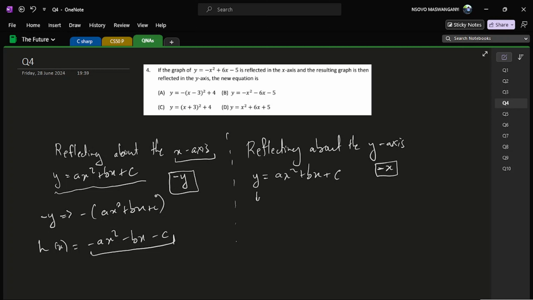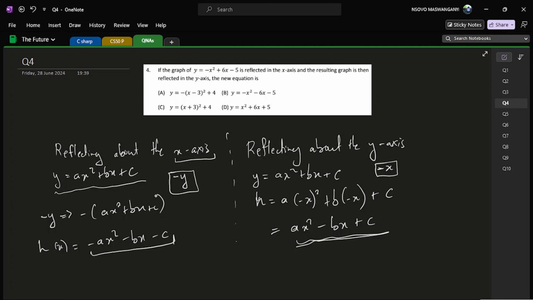Let's say h, we're going to have a times negative x squared plus b times negative x plus c, which becomes ax squared minus bx plus c, because the negative gets cancelled in the squared term. This is what happens when we reflect about the y-axis, and this is what happens when we reflect about the x-axis.